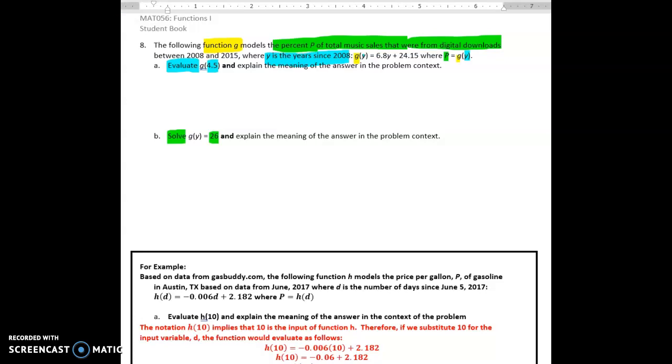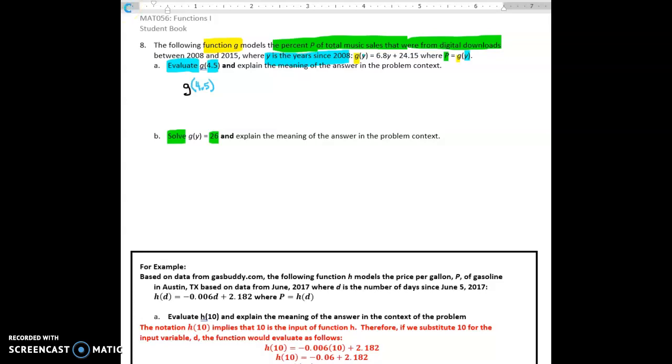So we want to evaluate, again, knowing the input. We want to know G of 4.5, and when we are evaluating, that means we're going to plug the known input value into the equation wherever we see our variable.